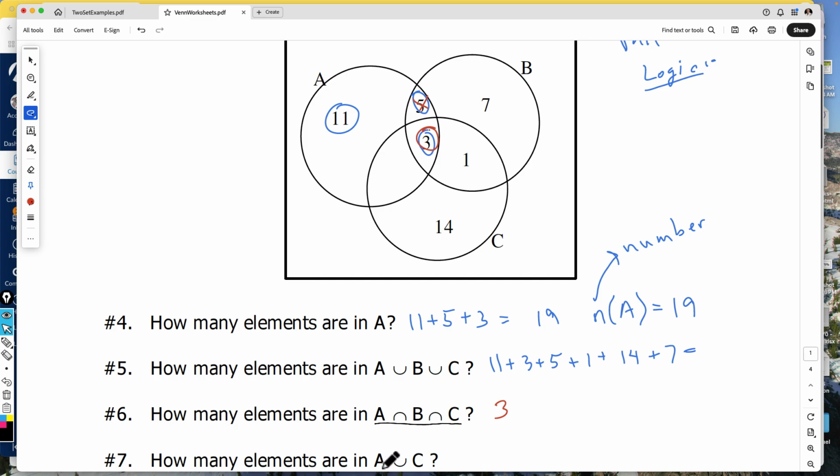How many elements are in A union C? Everything in A and everything in C. But again, we have to be sure that we're only counting everything one time.